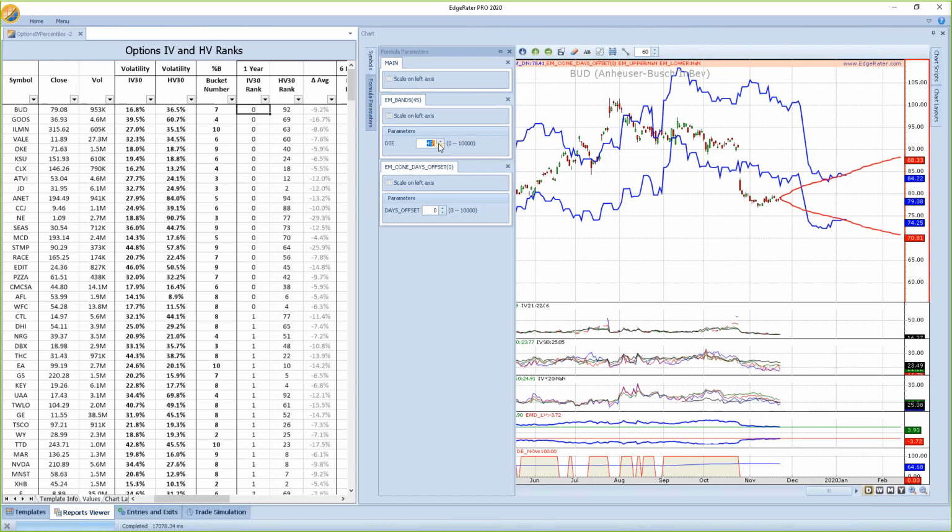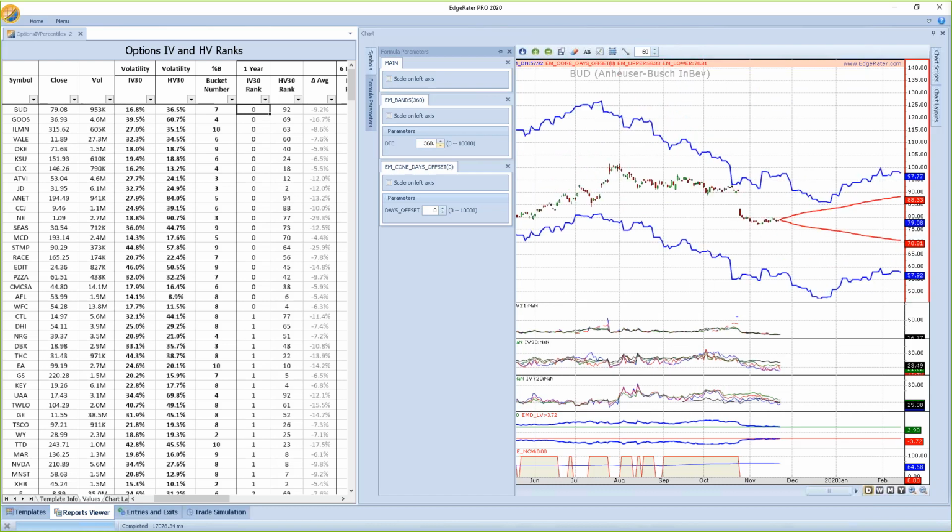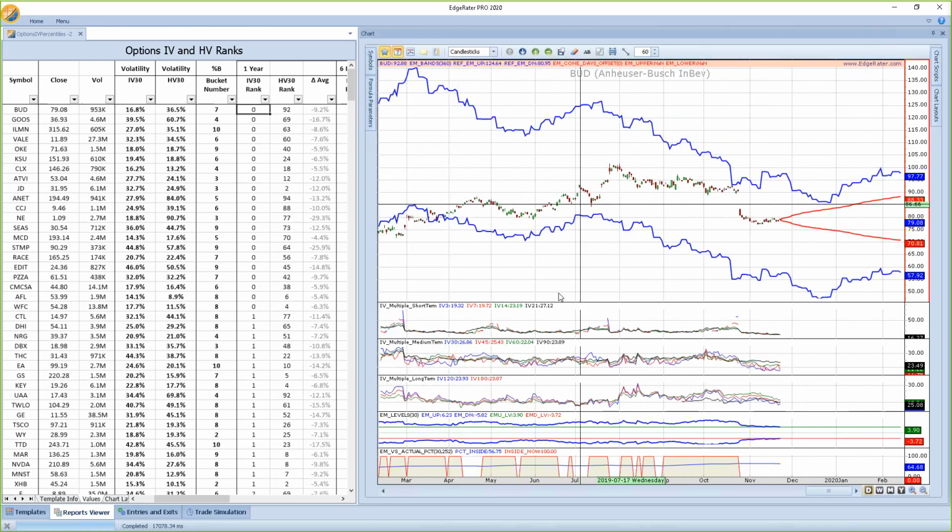So if you take it to 360, which is almost a year, and you can see now 360 trading days or 360 days? It's 360 days. So all of the options days that are in the program, in the indicators, are all actual calendar days. Right.